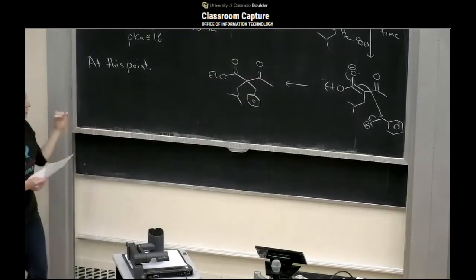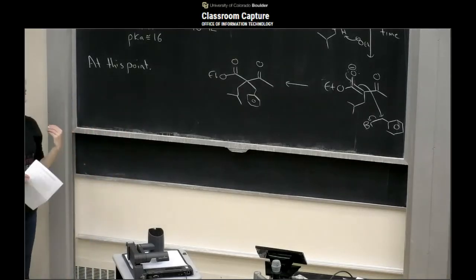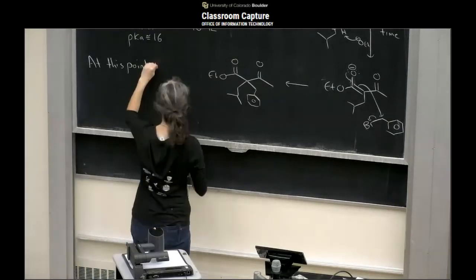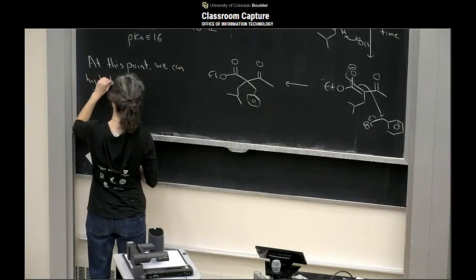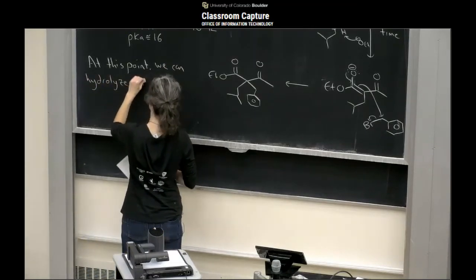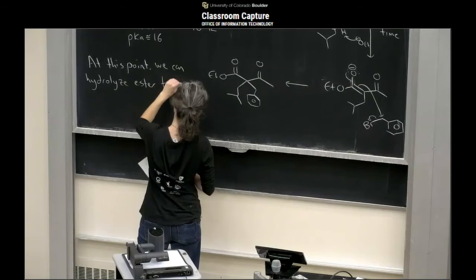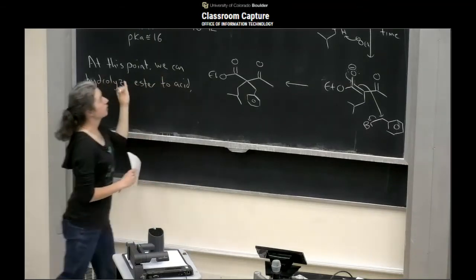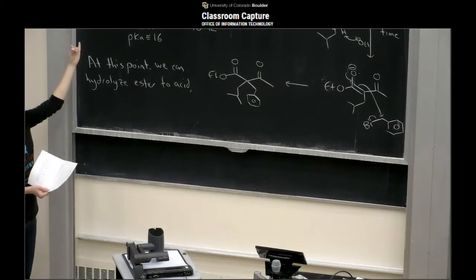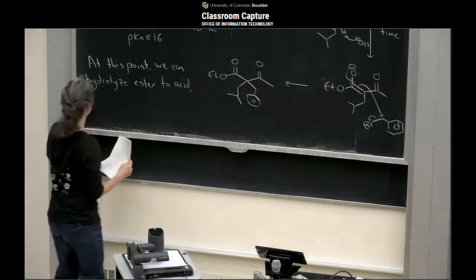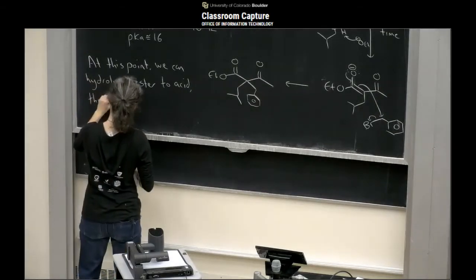What we're going to do at this point is hydrolyze that ester to a carboxylic acid. And for both of these molecules, once I turn those esters back into the acids, I've got something that looks like a great candidate for decarboxylation, because in both cases I have a carboxylic acid that's 2 away from another carbonyl.